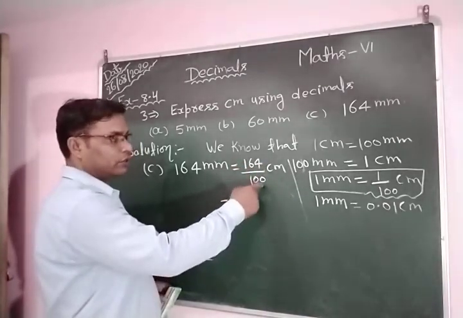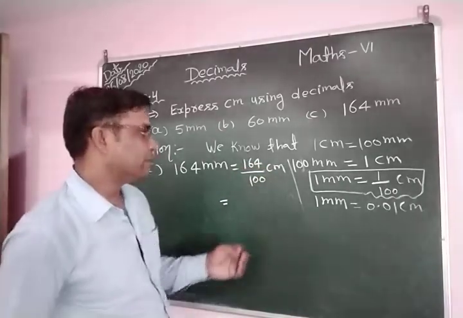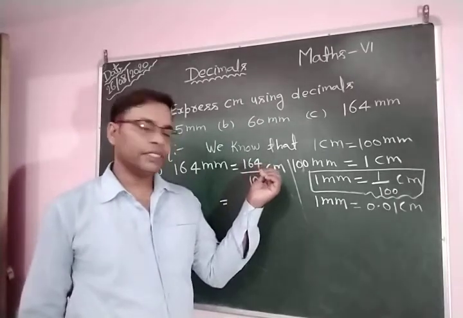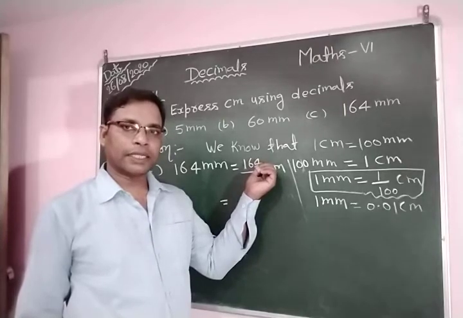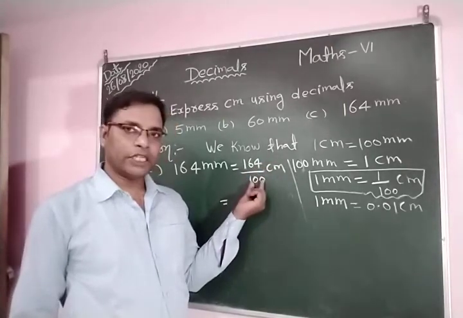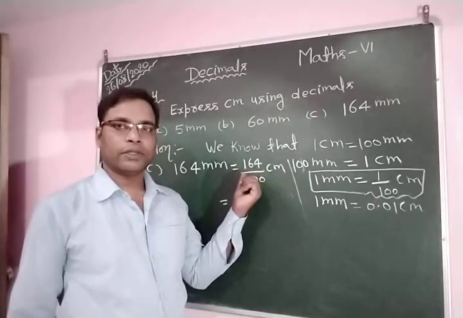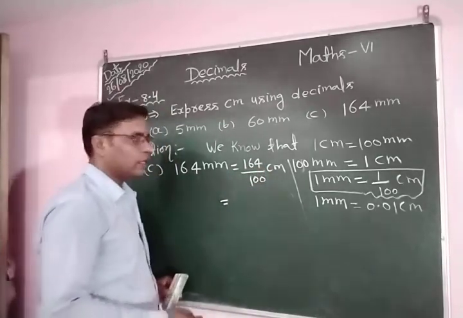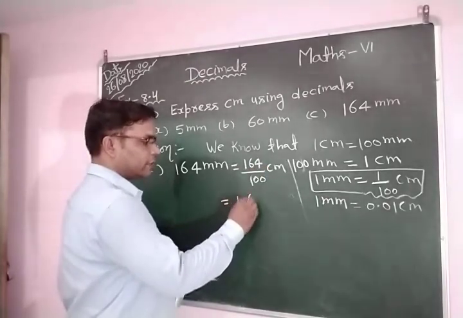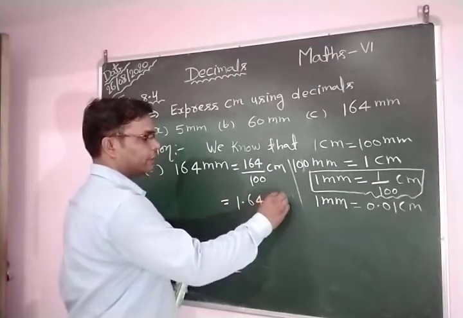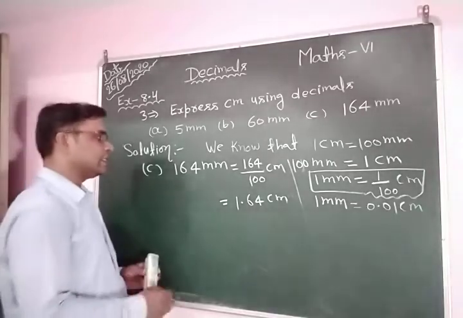Here there is no visible decimal, but the decimal is at the end of the digits, after 4. So with 2 zeros in the denominator, the decimal moves 2 digits from right to left. So this becomes 1.64 centimeters.